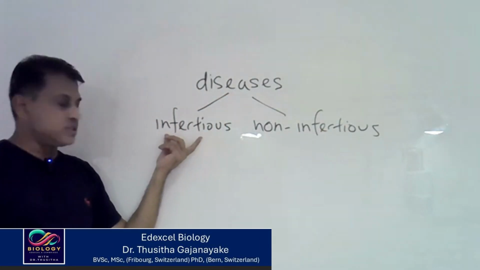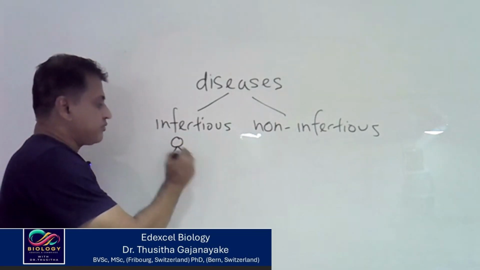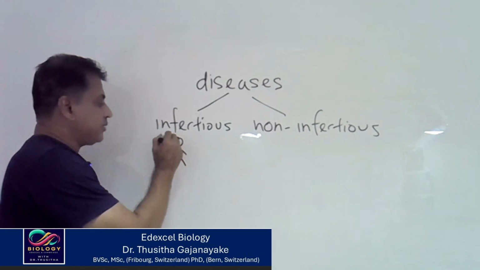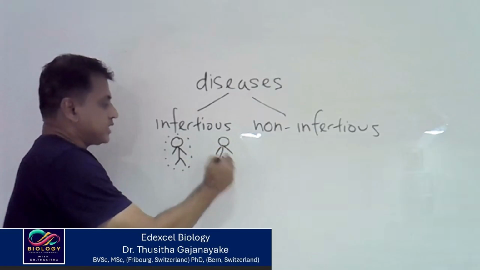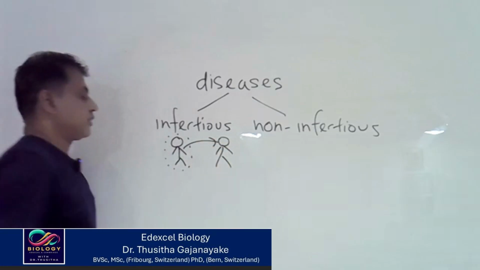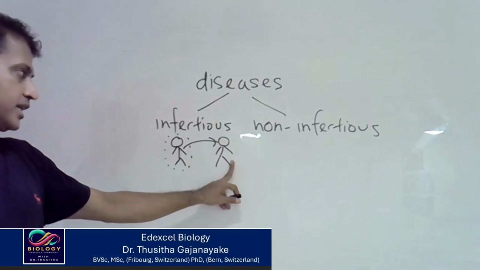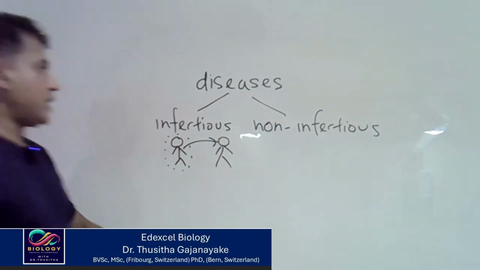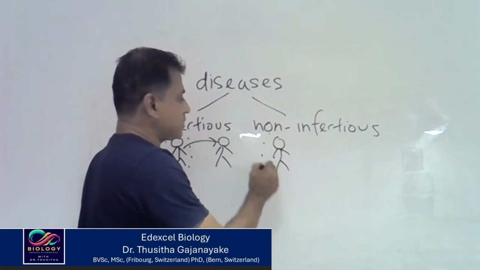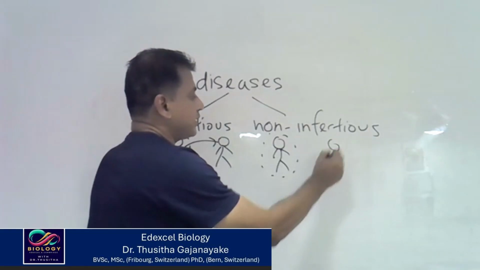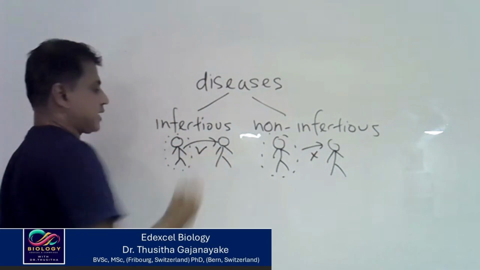Now infectious diseases are caused by pathogens. So the meaning is, if someone is infected, this person can transmit the pathogen to another person, and then that person gets infected. But with other diseases, the person has the disease but cannot transmit it.